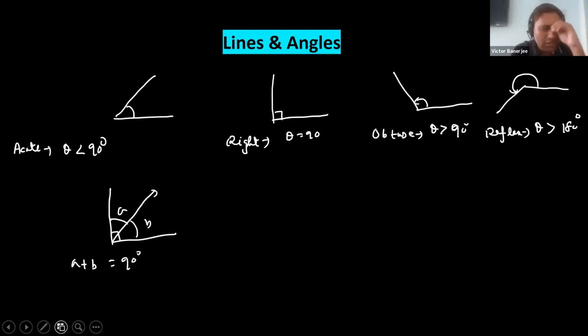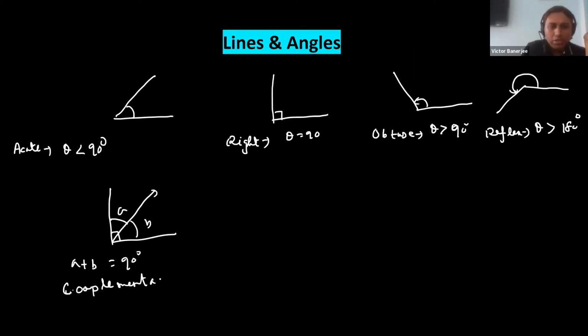Guys, these are very straightforward, and they give direct questions on this. Complementary, right? One angle is called complementary to the other when the sum of the angles is 90 degree. So if I say one angle is X, what is its complementary? Simply 90 minus X.